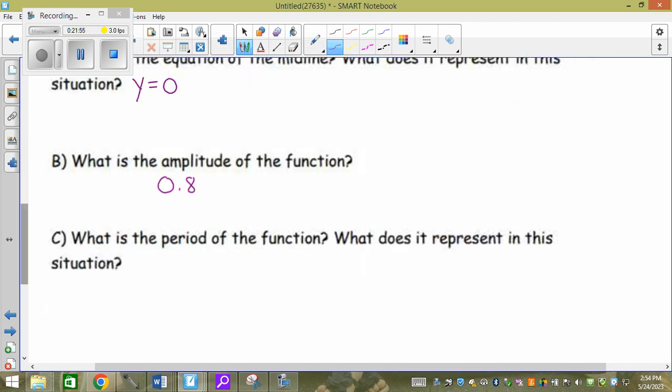What's my x-axis in? My x-axis is time. What's the time in? Seconds. What does this represent? An inhale and exhale. So what does that represent? One breath.